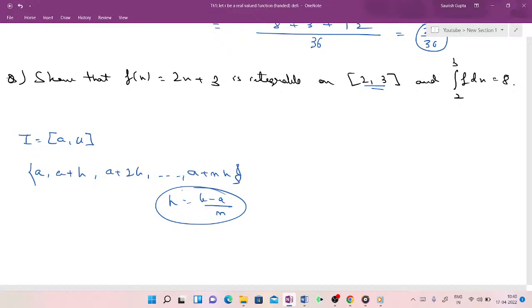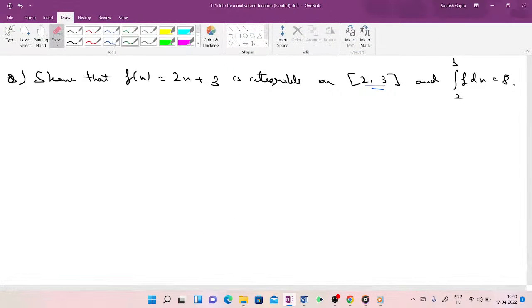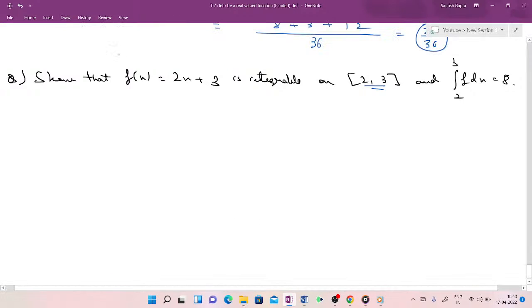Okay. Now let's do the same thing in this particular case. So I'm rubbing this portion. We will be keeping the value of n, because we are structuring a general form of a partition.